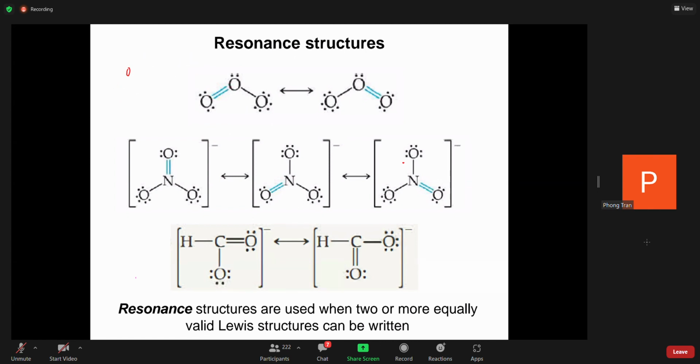So I hope that I already explained why they developed the concept of resonance structure. Of course, when you can draw two or more equally valid Lewis structures, then you can say that these structures are resonance structures.